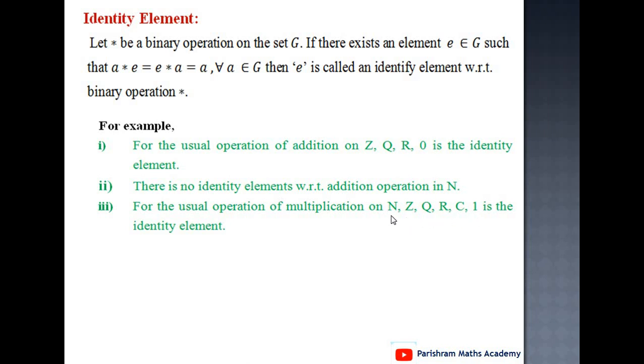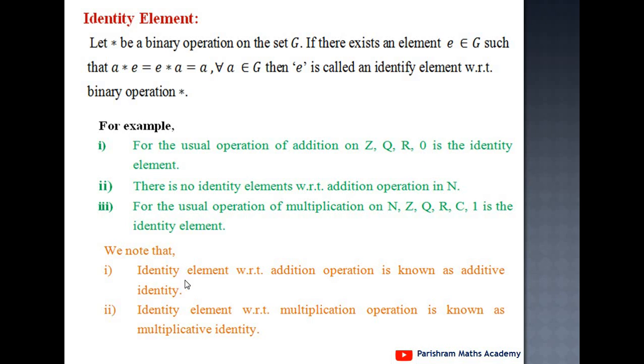Note that the identity element with respect to addition is known as the additive identity element, and the identity element with respect to multiplication is known as the multiplicative identity element. In addition, 0 is the additive identity element. In multiplication, 1 is the multiplicative identity element. This is the definition of identity element.